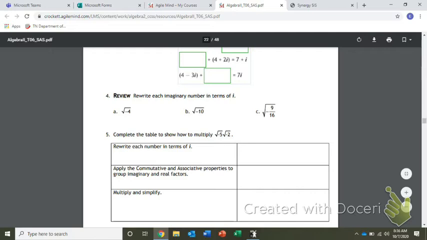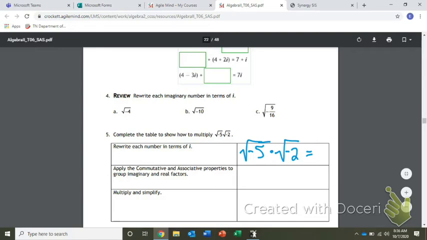So first, I just want you to write the square root of -5 times the square root of -2 equals. All right, can you take the square root of 5 and get a whole number? Can you take the square root of 2 and get a whole number? No, it's not 1.